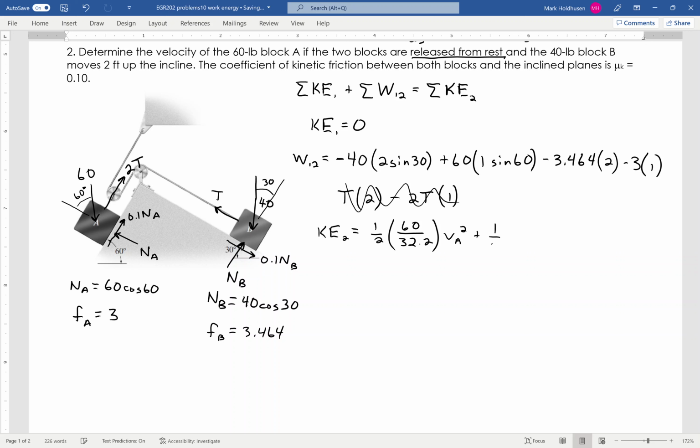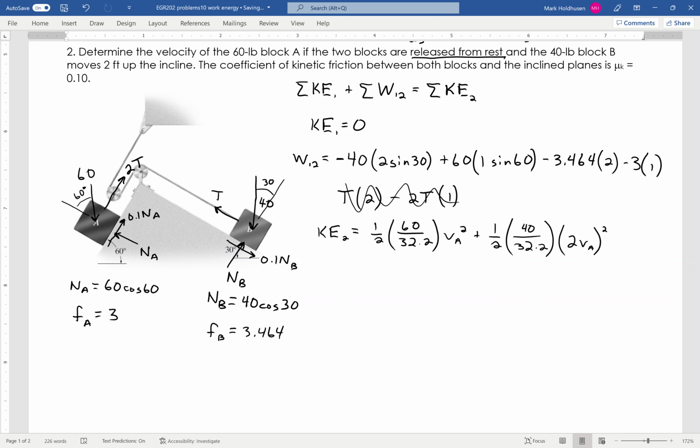And then I'm going to have 1/2 times the mass of the other one, which will be 40 divided by 32.2. And instead of the velocity of B, I know that the velocity of B is twice as much as the velocity of A. So if the velocity of A is just 1 foot per second, B is going to move twice that fast, at 2. So it'll be 2 VA, and then that whole thing squared.